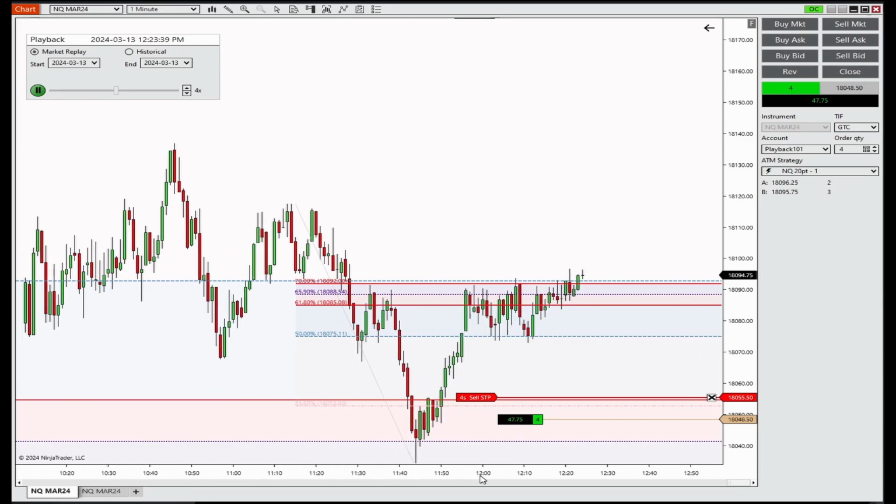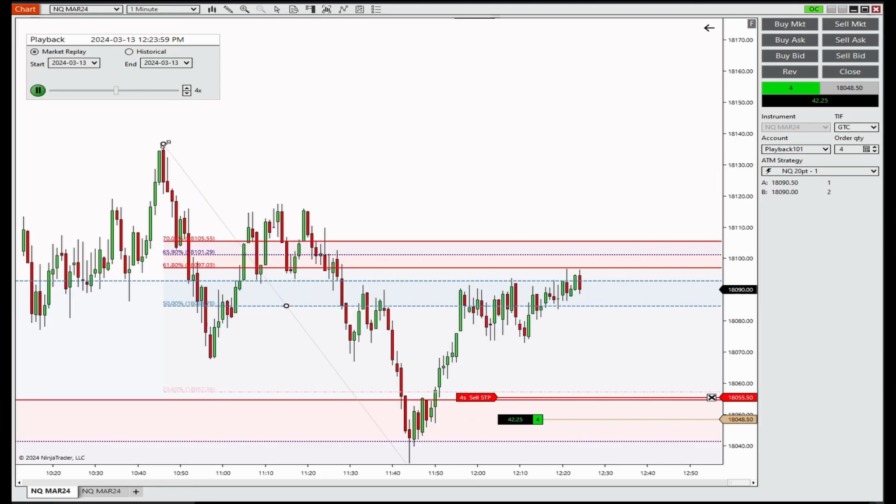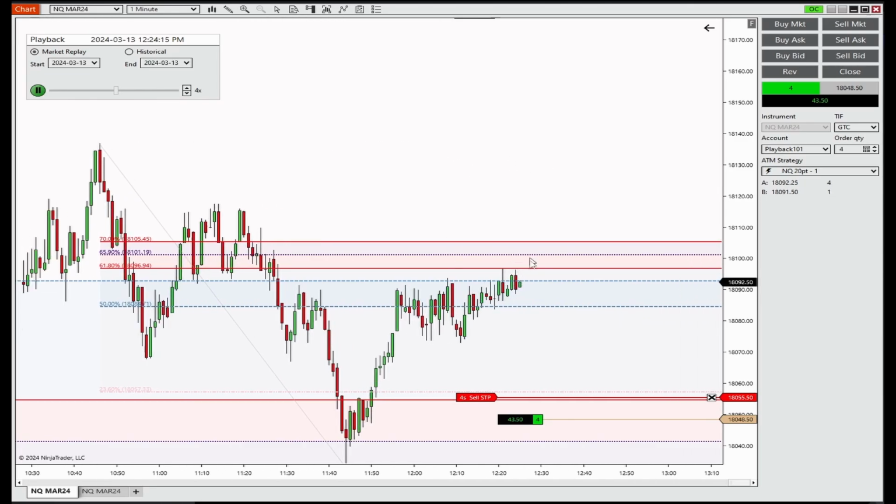Like our next area of interest could be something like this. Right? That we tap into and that's where the movement down comes from. Right? Shocker.